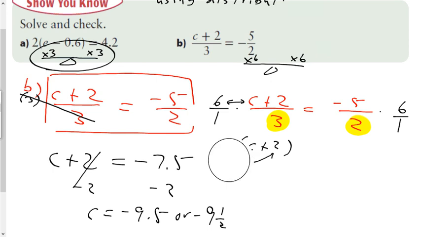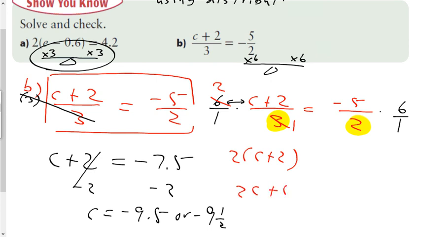However, and this is where we told you that eventually cross reduction is very important, right? What if I cross-reduced it? What's 6 over 3 going to cross-reduce to? 2 over 1, right? Now look what happens to your denominator. Does it exist anymore? It's a 1, which means it doesn't matter. The only thing left is going to be the product of the numerators, meaning I have 2 multiplied by c plus 2 over 1, or 2c plus 4 when I expand it with distributive property.